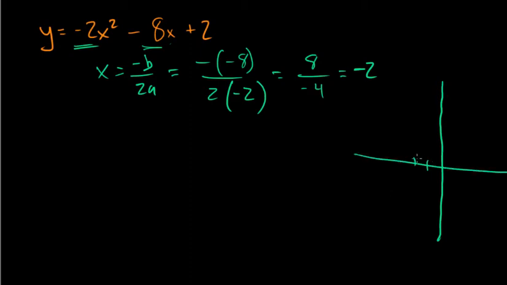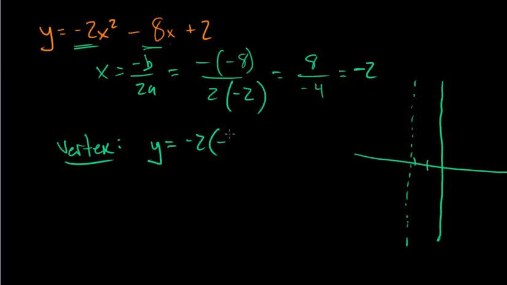So again, we know that at negative 2 on the x-axis is the vertical axis of symmetry. You don't need to draw this line, but it's helpful to visualize it, so I'm drawing it to help. To find the vertex now, we're going to use the x value of negative 2 from the axis of symmetry and stick it back into the equation. So y equals negative 2 times negative 2 squared minus 8 times negative 2 plus 2.